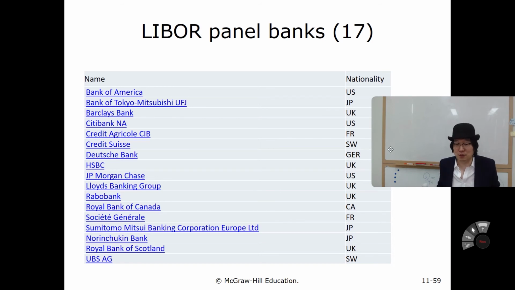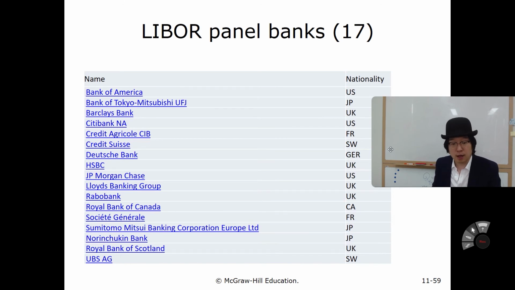Maybe the list of this Bankers Association was made in the 1990s when Japanese banks were flying high. Barclays Bank is there, right? That's a UK bank. Citibank, US, yes. Crédit Agricole, a French bank, right? Credit Suisse, understandable.